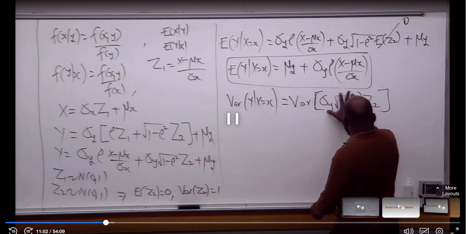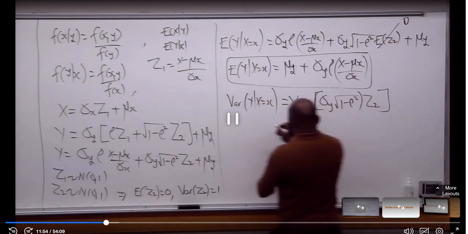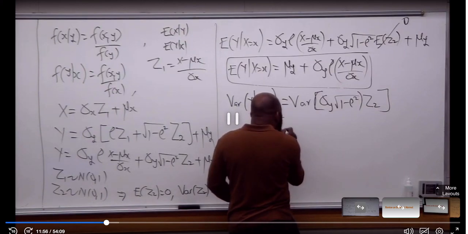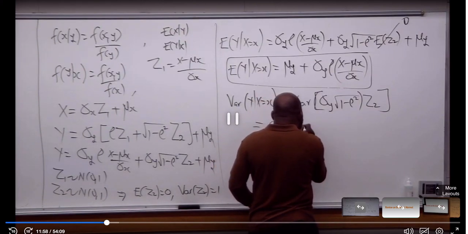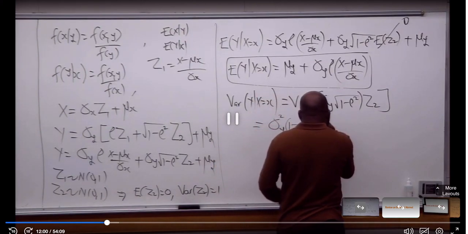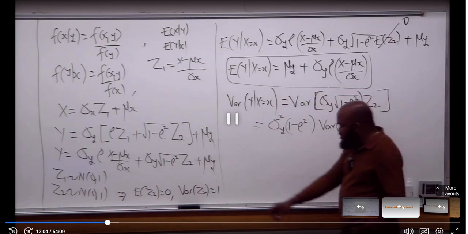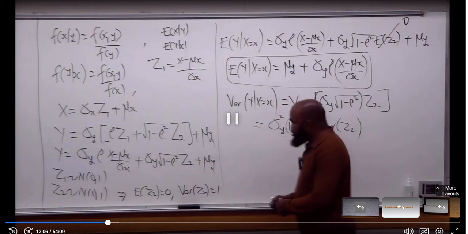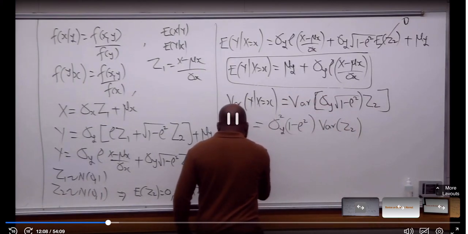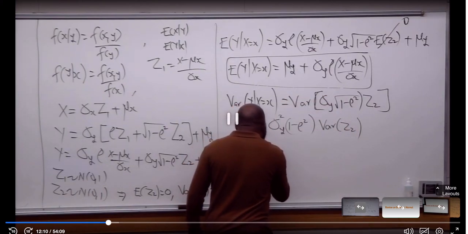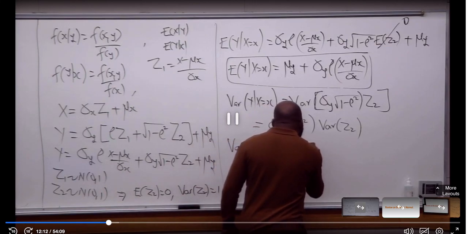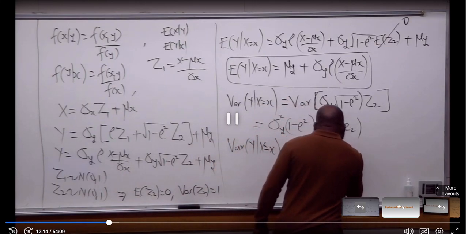Now, this is a constant, so I'm going to have sigma y squared times 1 minus rho squared times the variance of z2. What is the variance of z2? 1. So this is going to be the variance of y given x.